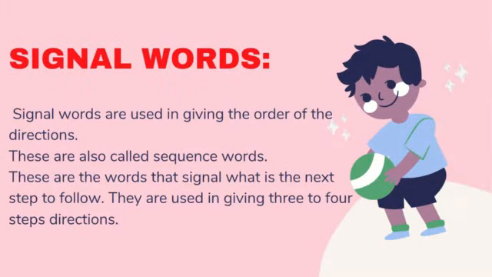Signal words are used in giving the orders of the directions. These are also called sequence words. These are the words that signal what is the next step to follow. They are used in giving 3 to 4 steps directions.